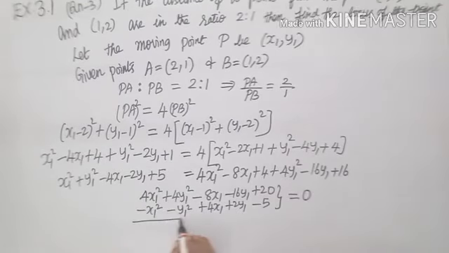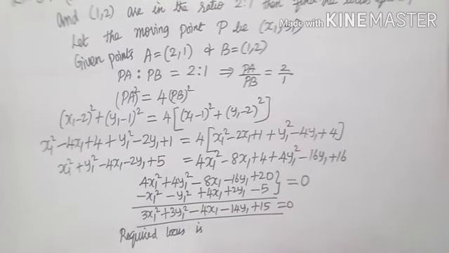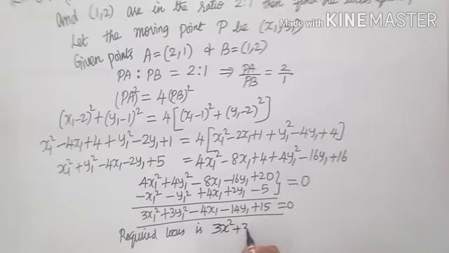Now simplify this: 4x1 square minus x1 square is 3x1 square, 3y1 square minus 4x1 minus 14y1 plus 15 equal to 0. So the required locus is, leaving out the ones and writing the answer, 3x square plus 3y square minus 4x minus 14y plus 15 equal to 0.